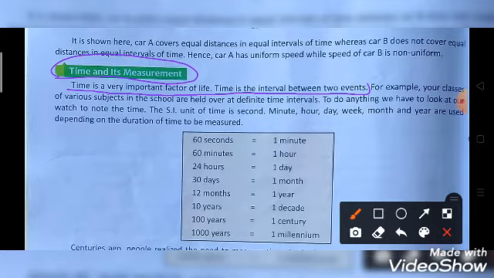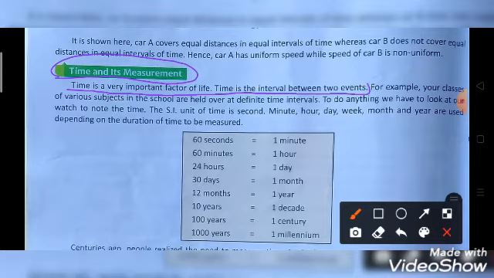For example, it takes approximately 12 months to celebrate Christmas every year. This year we have celebrated Christmas in December, and next year we will celebrate Christmas again in the month of December. So it is the interval. Time is the interval between two events.